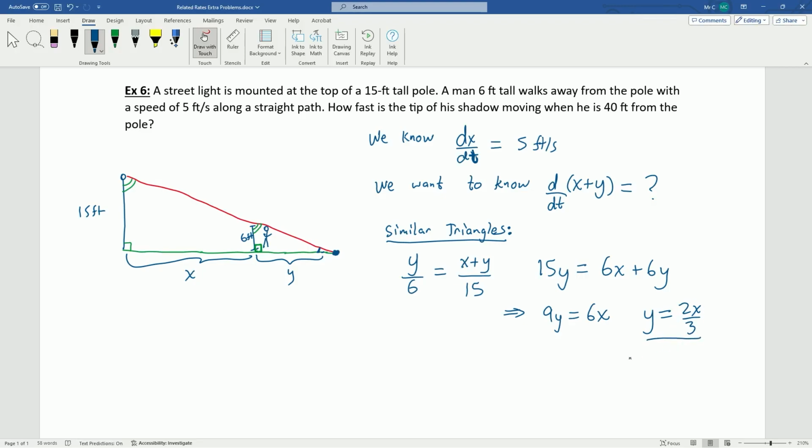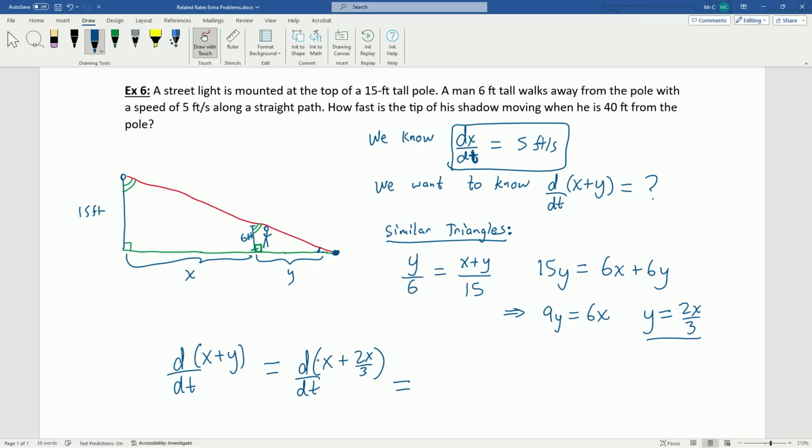So normally I would have to substitute this into some other expression, which I sort of do have to do here, but here it's a little more direct, because I'm just trying to calculate this derivative, d(x plus y)/dt, but the only information I have is dx/dt. Since I can rewrite y in terms of x, this becomes d/dt of x plus 2x over 3.